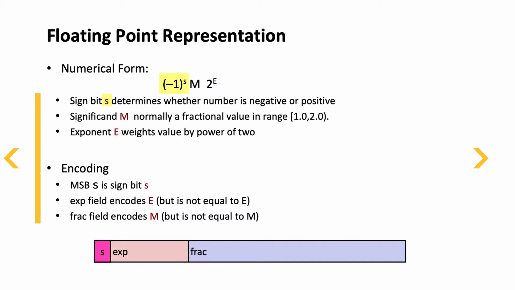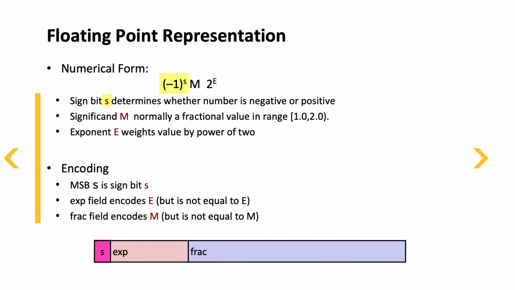It's the most significant bit in the word that we have to work with. Remember, every time we're talking about one of these representations, this is going to fit into a word, some word size. So the most significant bit is our sign bit. Now, unlike with integers, that's not going to have any weight to it. It just indicates the sign of the value.